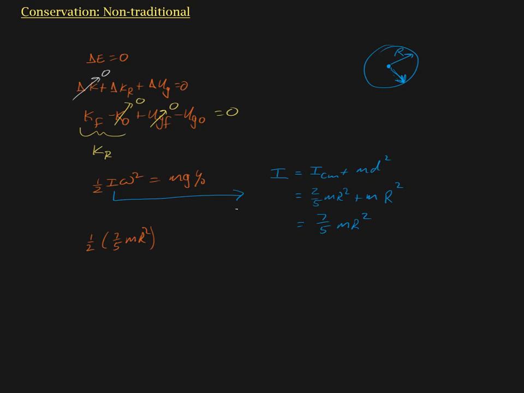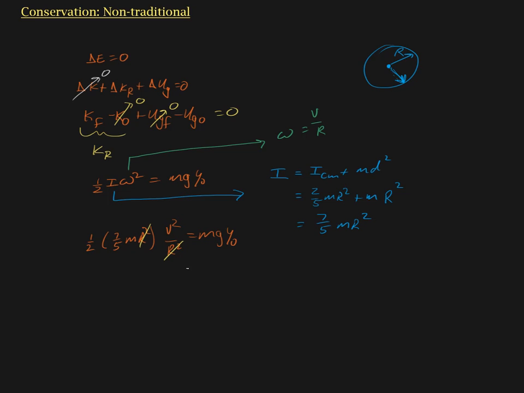So we'll substitute that back, and we get 1/2 times 7/5 mr squared times omega squared. Remember that we're trying to find velocity here, so omega is going to be equal to v over r, so omega squared is v squared over r squared. So we have 1/2 times 7/5 mr squared times v squared over r squared is equal to mgy initial. Let's cancel out those terms that cancel.